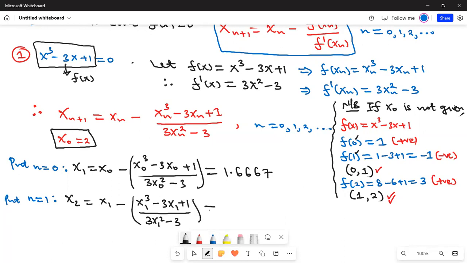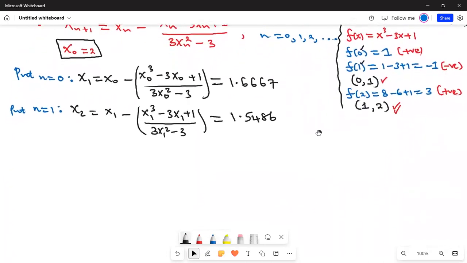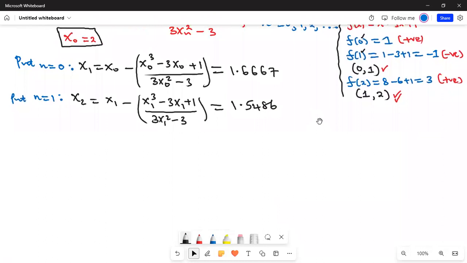So we use the value of x1 that we already have, replace it, and then press in your calculator. That will give you x2 is 1.5486. So remember, we do this until we achieve convergence. When you get to a constant figure, you stop there.